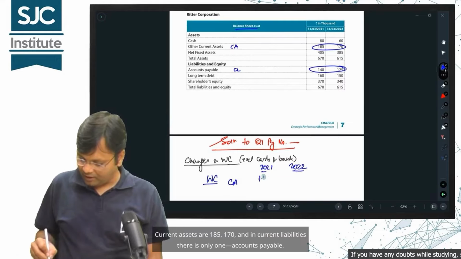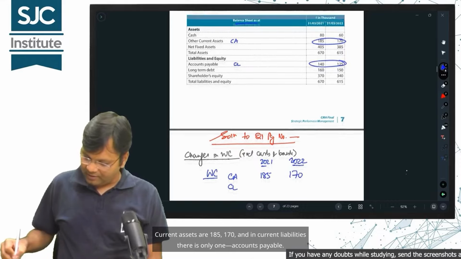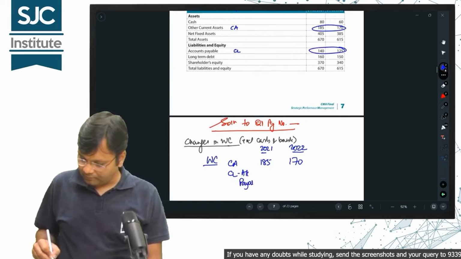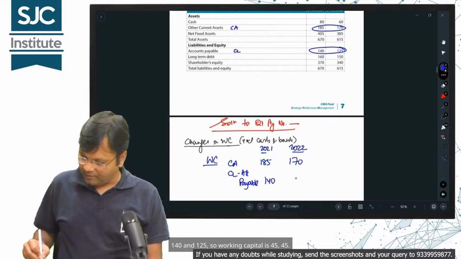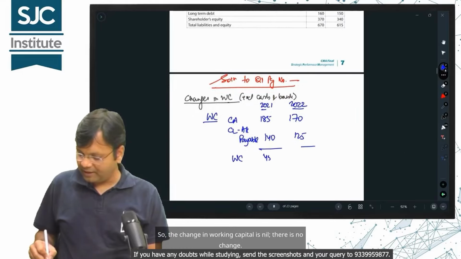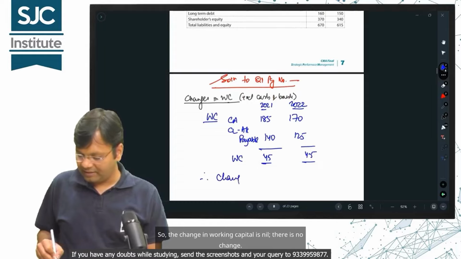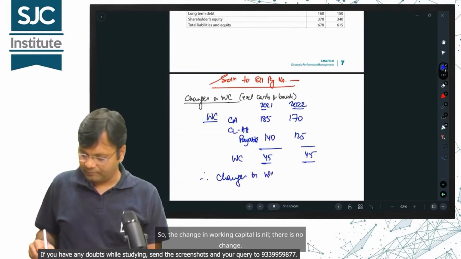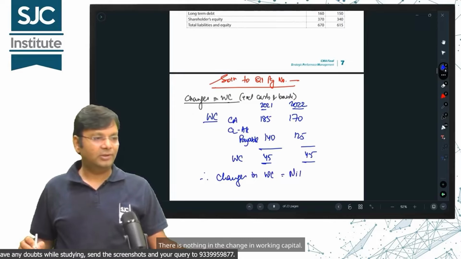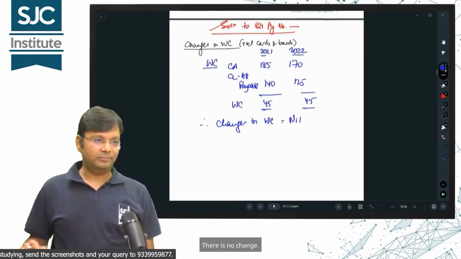Current assets are 185, 170, and in current liabilities, there is only one, accounts payable. 140 and 125, so working capital is 45, 45. So, the change in working capital is nil, there is no change.